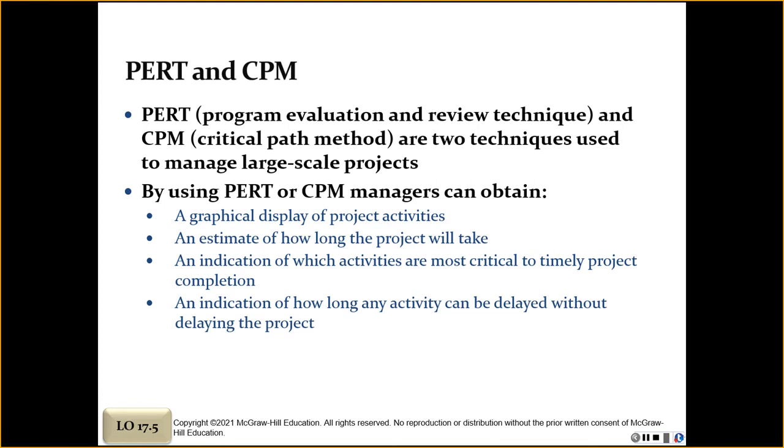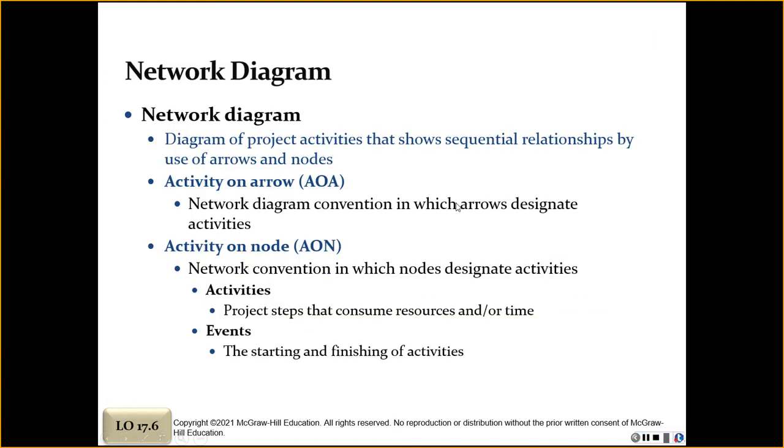They can estimate how long the project will take, and how long any activity can be delayed without delaying the project. Although PERT and CPM were developed separately, they have a lot of things in common, which we'll see very shortly. One of the main features of PERT is the use of network diagrams to depict major project activities and their sequential relationships by using arrows and nodes.